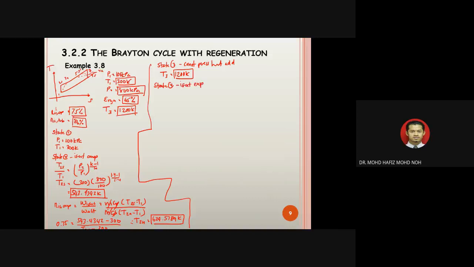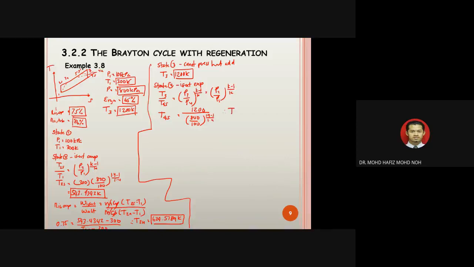State 4 is an isentropic expansion, so you can use the isentropic relationship: T3 divided by T4S is equal to P3 over P4 to the power of (K minus 1) divided by K, and this is equal to P2 over P1 to the power of (K minus 1) divided by K. So from here, you get the value of T4S: 1200, P2 is 800 divided by 100, to the power of (1.4 minus 1) divided by 1.4.